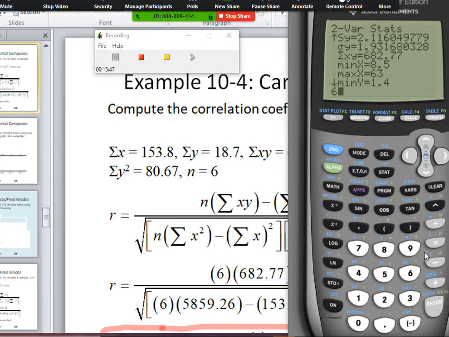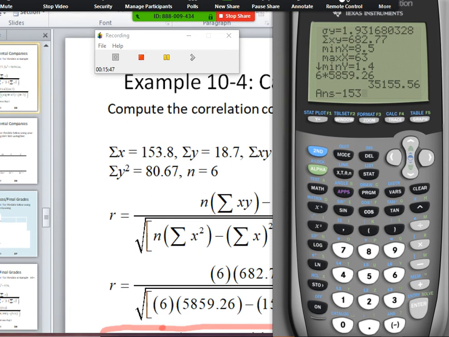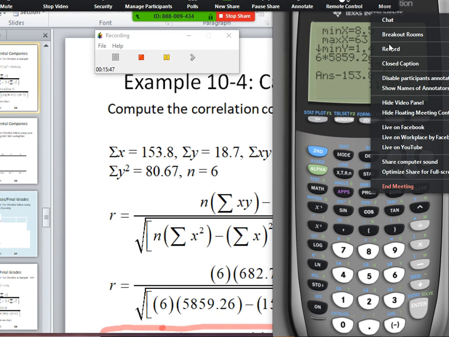Six times 5859.26, enter, minus 153.8 squared. And you're only squaring this. That's what goes inside this first box, and then you do the same thing for the second one.